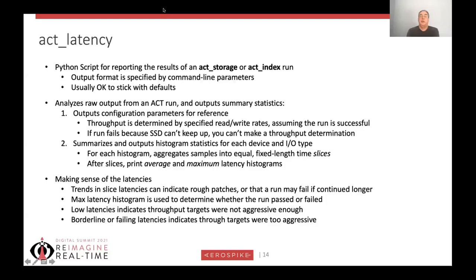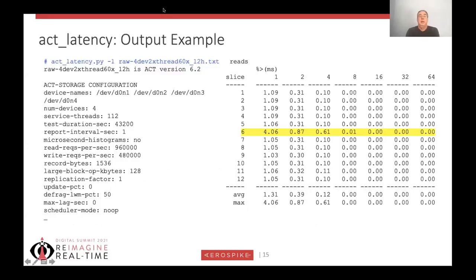This is particularly important if you're calculating an X rating. The latencies essentially point you in one of two directions. If they're really low, that means your targets weren't aggressive enough. If they're right on the edge, or if you actually fail, then you went the other direction, and you need to dial one of the configuration parameters back.